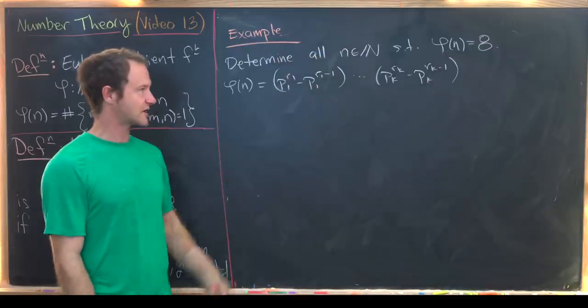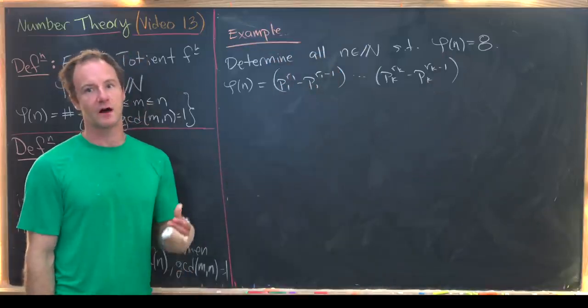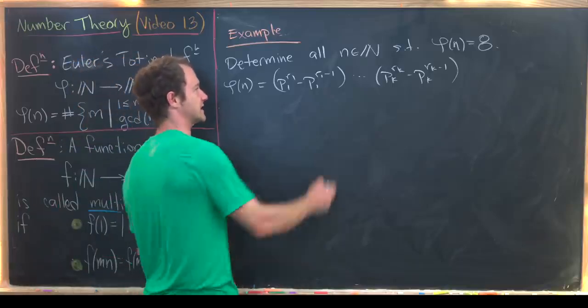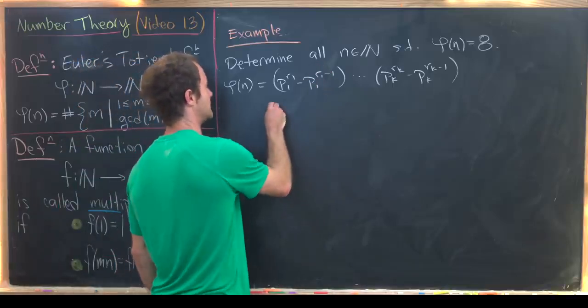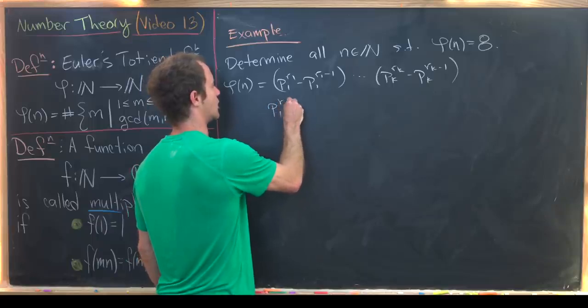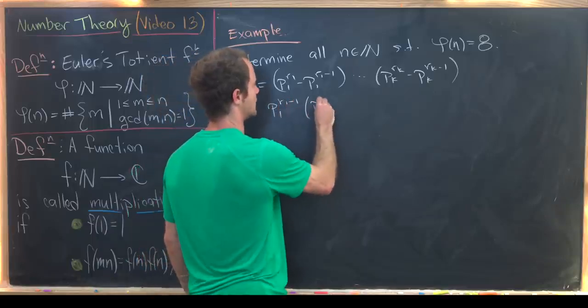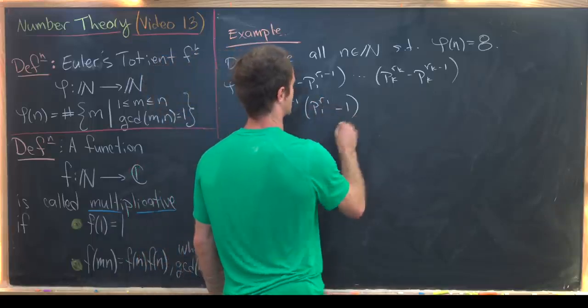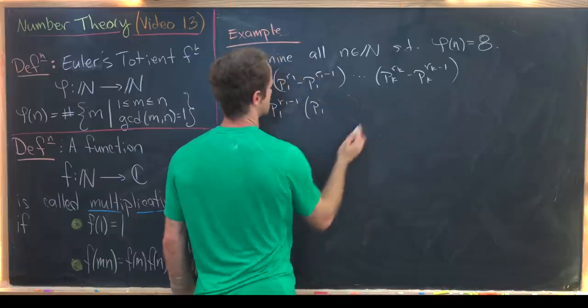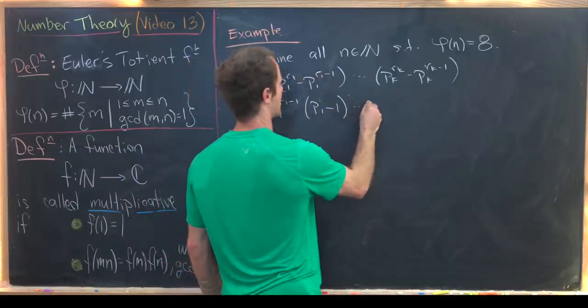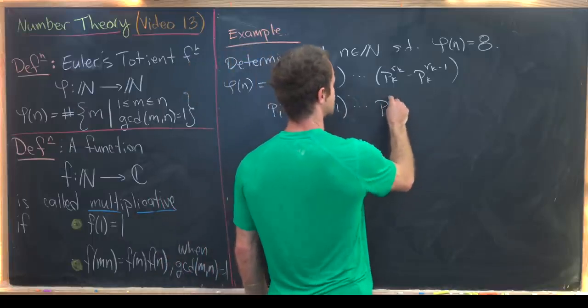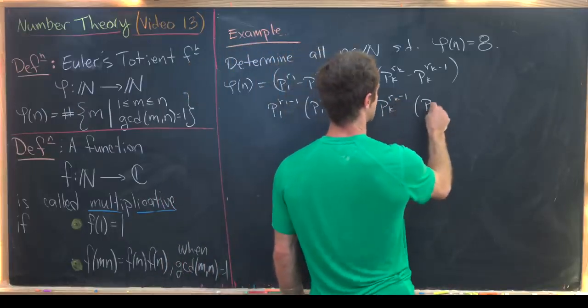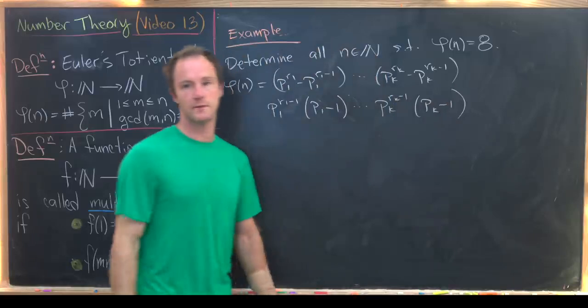But now instead of factoring this the way we did in the proof of our lemma, let's factor it a little bit differently. Let's factor this term out. So we've got p1 to the r1 minus 1 times p1 minus 1, all the way up to pk to the rk minus 1 times pk minus 1.